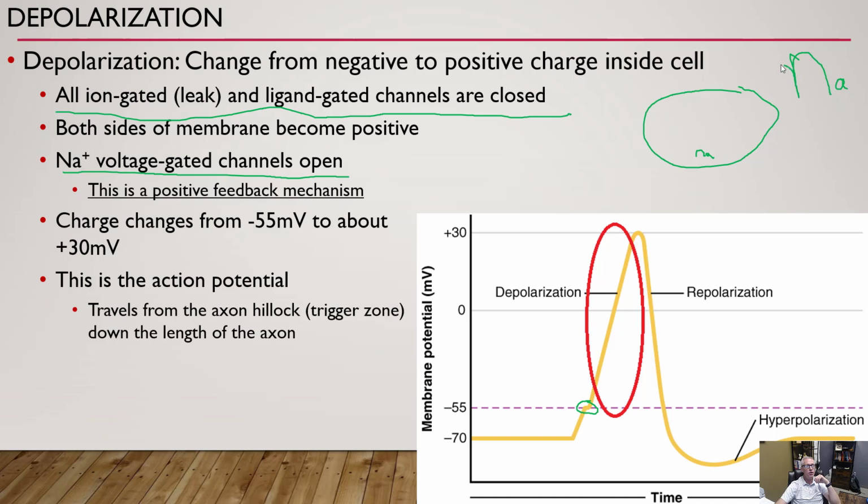So now sodium rushes into the cell. Sodium is a positive ion. So now we are making the cell more positive. So that's why we are going on an upswing here. We actually call this phase depolarization.